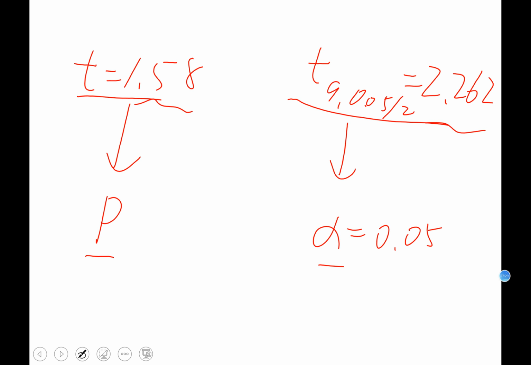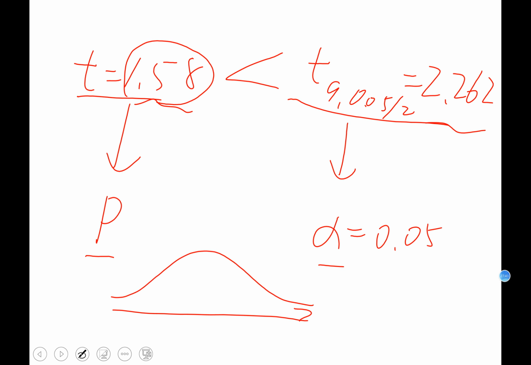So let's think about it. Now this one, 1.58, is less than 2.262. So what's the meaning of that? We need the help of the curve. This is the t distribution, and both of these numbers are positive, so they should be located in the right part of the curve.